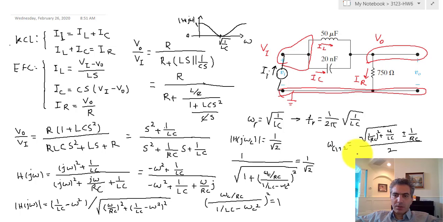So from this you can calculate your cutoff frequencies now. It's just a simple calculation. ω_c over RC divided by 1/LC minus ω_c² is equal to plus and minus 1. And then from that you get 2 different 2nd order equations, and you choose the 2 frequencies from these 2 quadratic equations that give you a positive value, and these are the 2 answers.